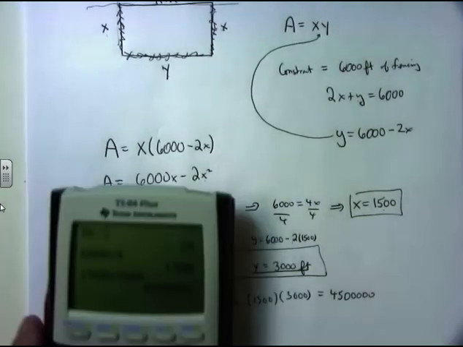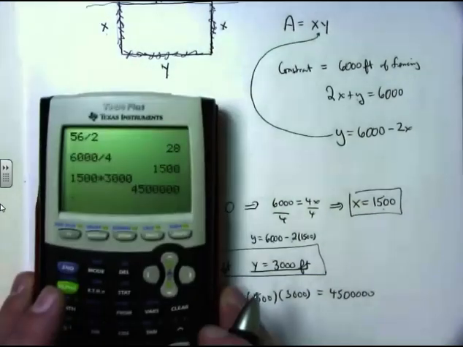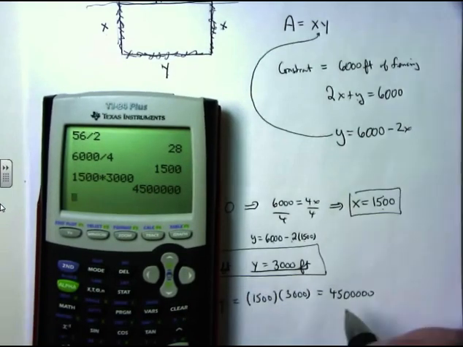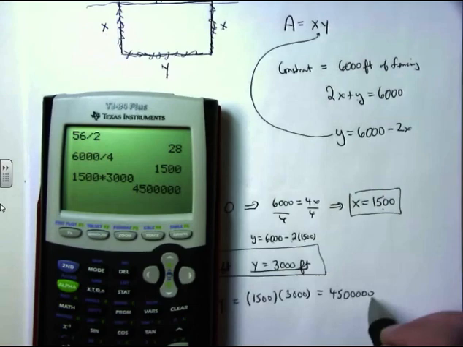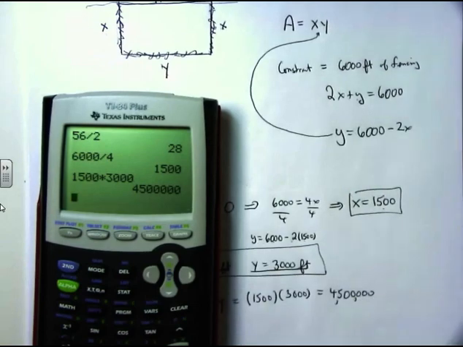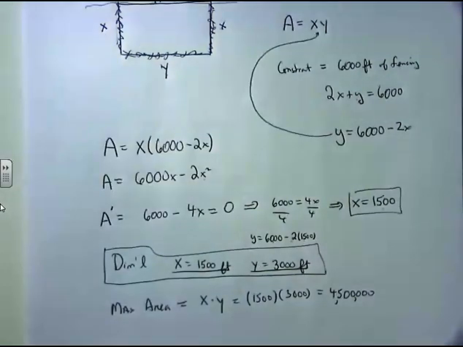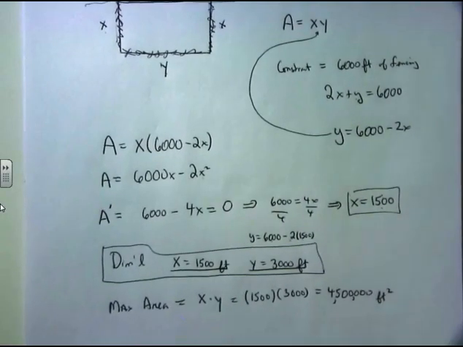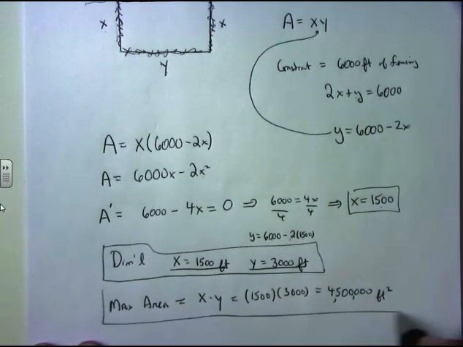I'll let you know, I really did just type it in on my calculator there. There you go, you can see it. There are 5 zeros there. So 4,500,000 feet squared. Feet by feet is feet squared. That would have been my maximum area for my cows in the pen.